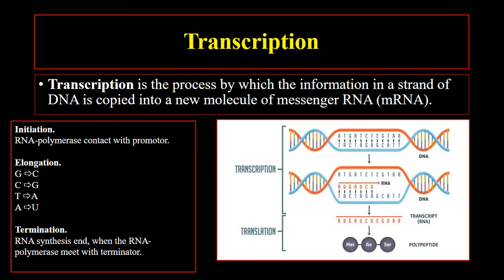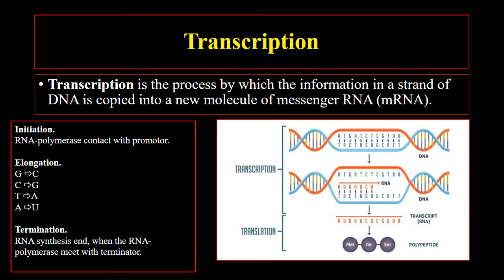So, the first process of the nuclear phase of protein biosynthesis is called transcription. What does transcription mean? Transcription is a process by which the information in a strand of DNA is copied into a new molecule of messenger RNA, or mRNA.